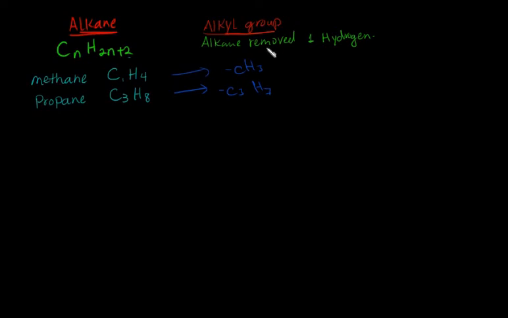So how could we name these alkyl groups? To do that, it is very easy. First we have to know the prefix, and after that we will add the "il" sound. So this is first one carbon, so it will be meth, the prefix, with an "il", so it will be methyl.